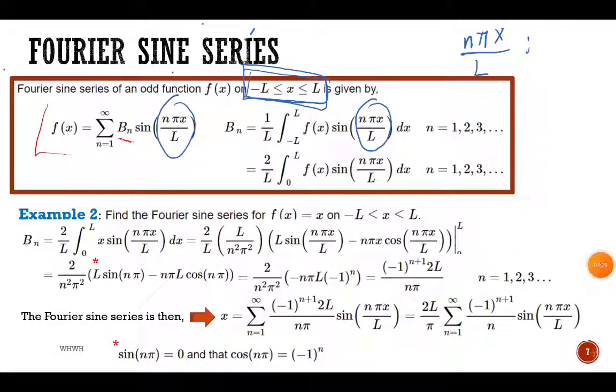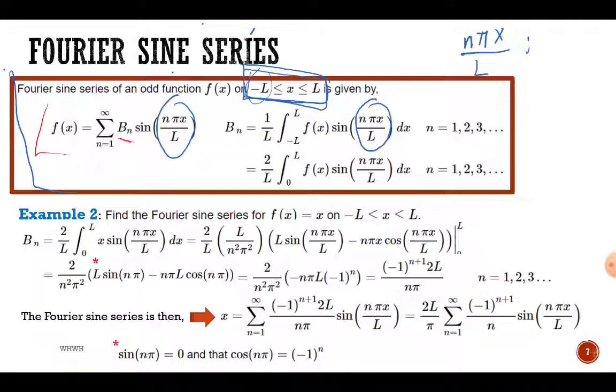So, meaning the original formula for the Fourier sine series and Fourier cosine series is this formula, because L can be any number. So the formula I showed you earlier with pi is the case when L equals pi. Okay, can you understand?